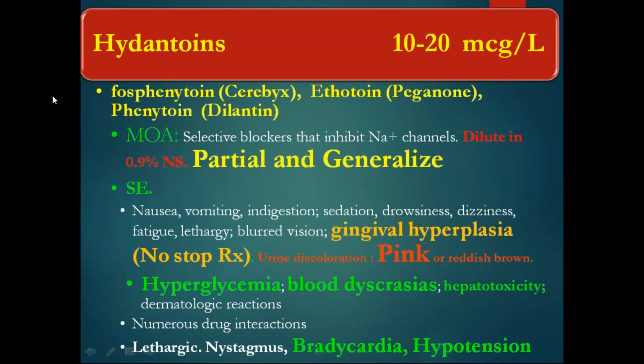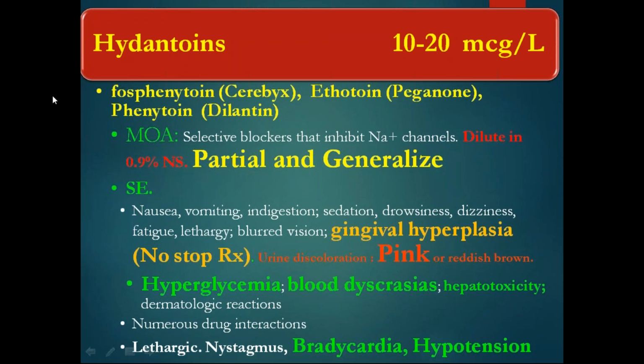Blood dyscrasias and hepatotoxicity. Blood dyscrasias are going to be any alteration, could be low levels of white cells. Another characteristic of Hydantoin toxicity is nystagmus. Don't forget that, nystagmus. Nystagmus is one of the high yield questions.